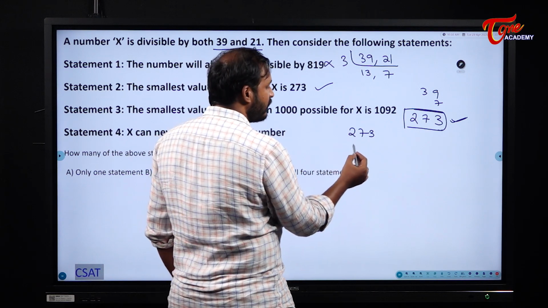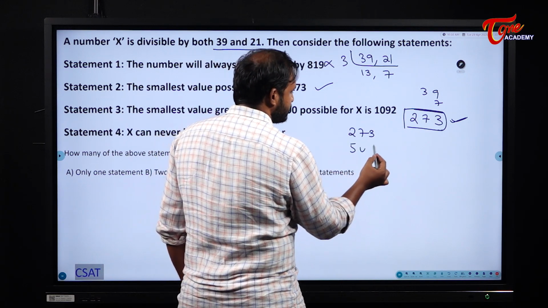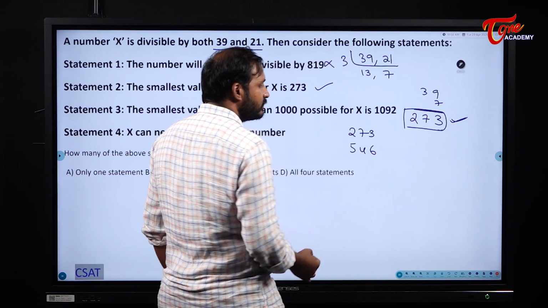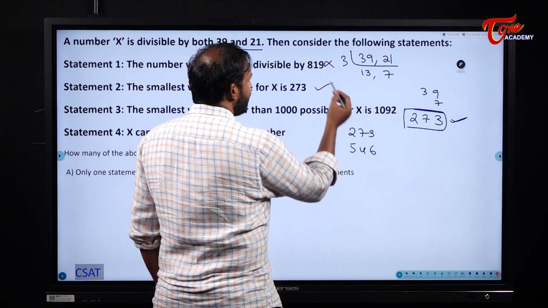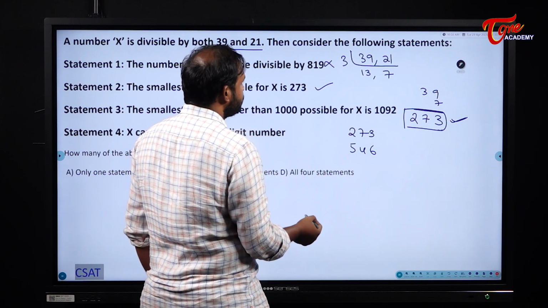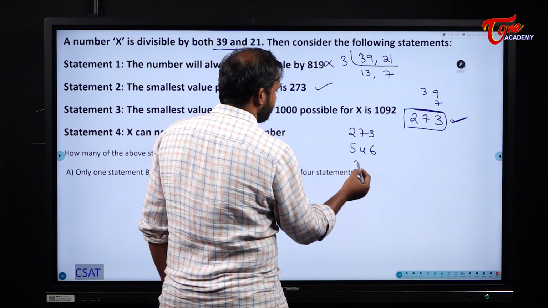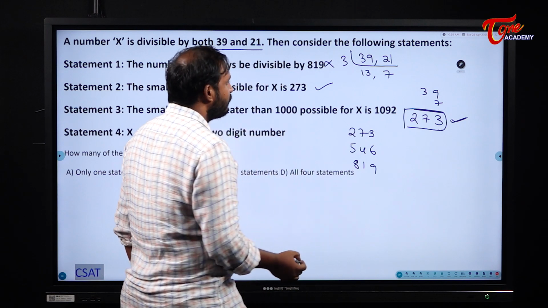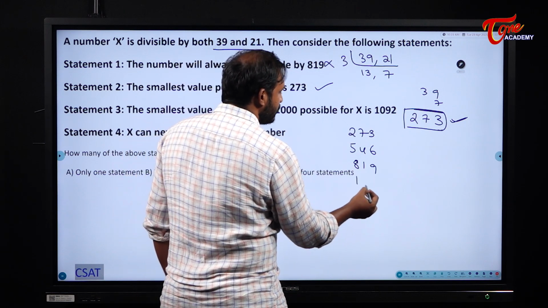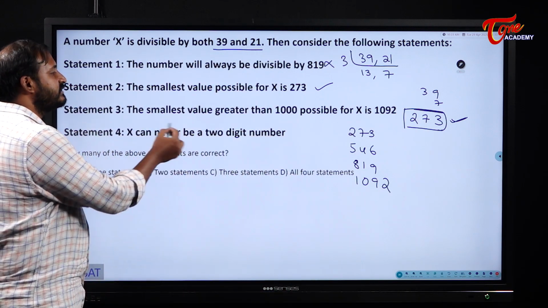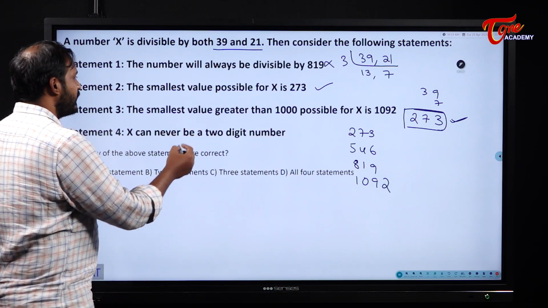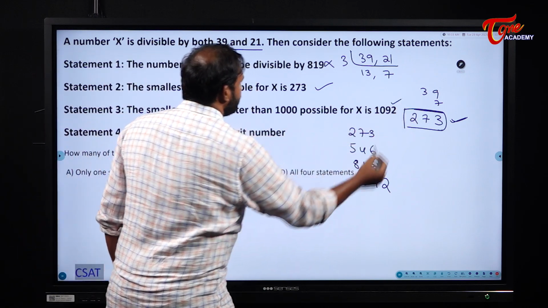Multiples of 273: 273, 546, then adding 273 it becomes 819, and the next one is 1092. Yes, 1092 is the smallest value greater than 1000 which is divisible by x. That is correct.